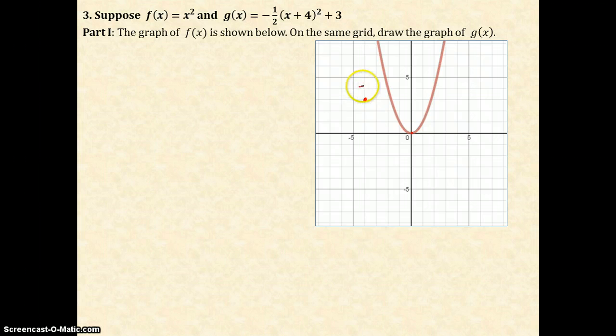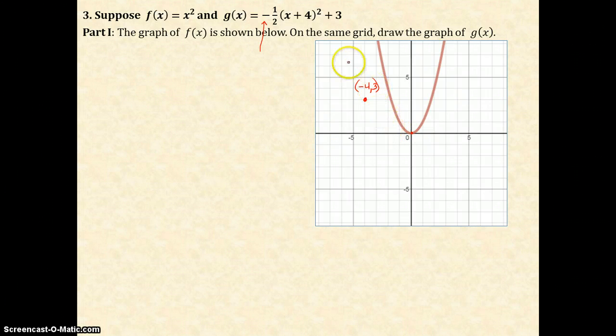So that's going to be my new vertex, negative 4, 3. And now my parabola, the negative sign is going to make it flip downwards. And the 1/2 is going to make it half as tall. It's going to be compressed vertically.